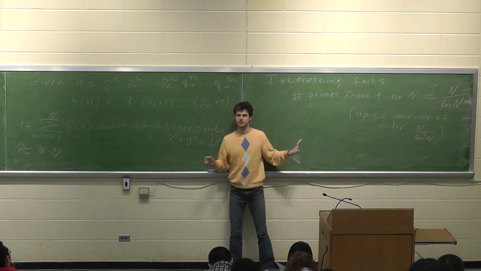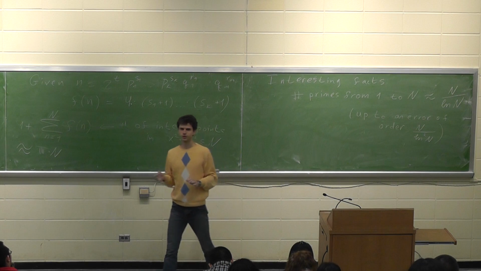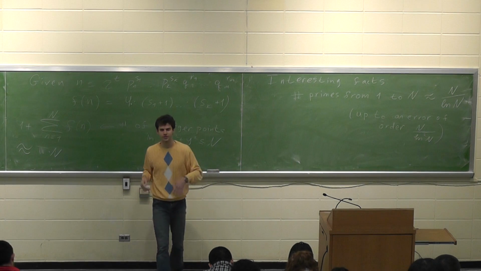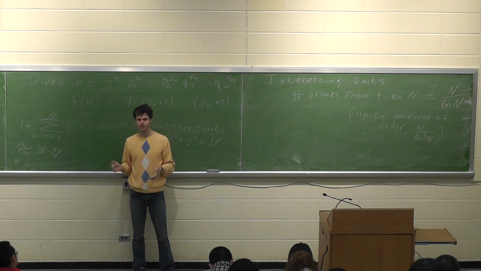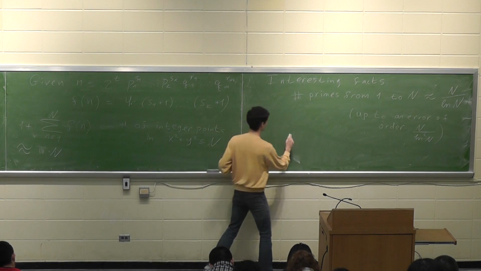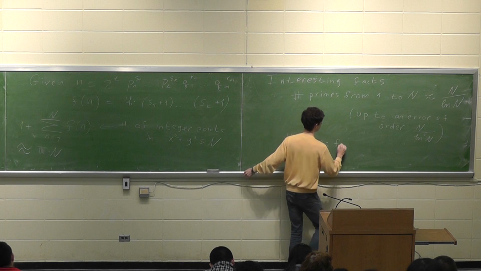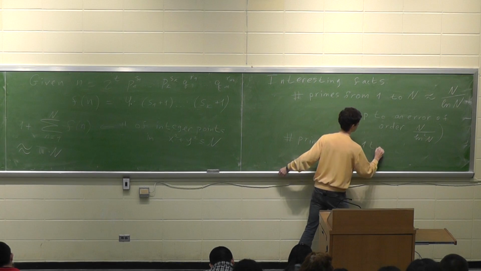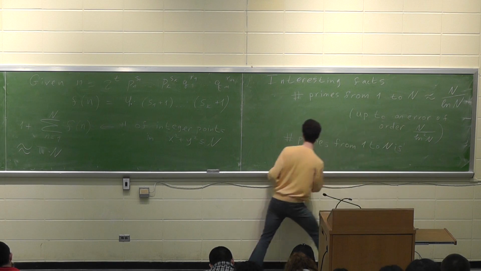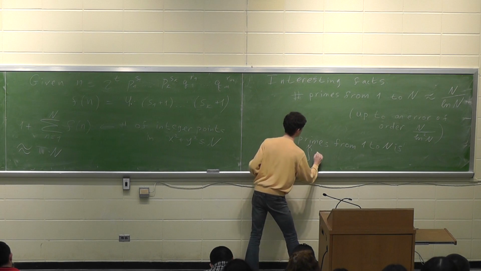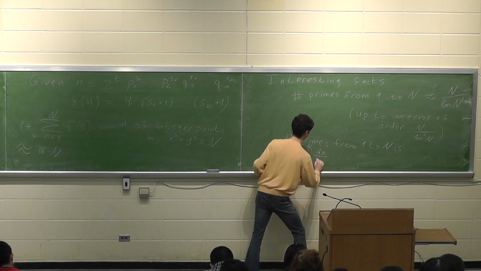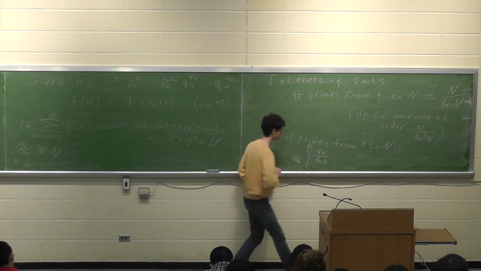So something like this. And in fact, if you try harder, you can almost prove such a formula. The number of primes from 1 to N is the integral from 2 to N of dx over log x.